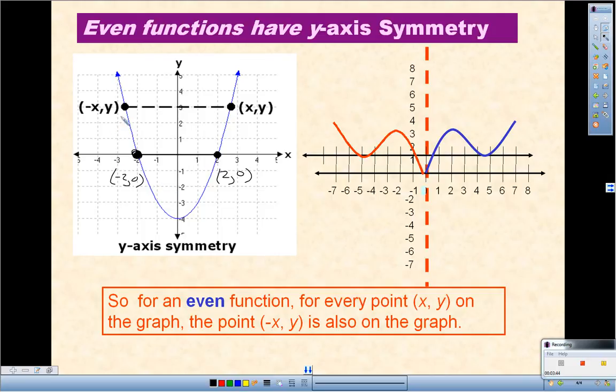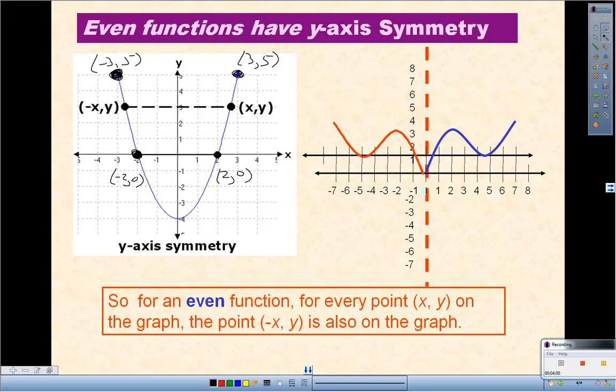And right here, this point is (-3, 5), so the point (3, 5) better also be on that function. In other words, if it's an even function, if you have the point (x, y), then the point (-x, y) is also on the graph.